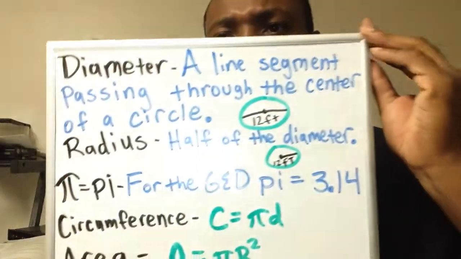This thing that I held up here is what you're going to need to know before we get started. We're going to deal with geometry of circles. That's dealing with circumference and area. Real basic, but before you can get into area or circumference, you need to know these things on this board.